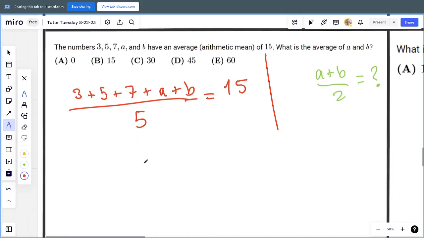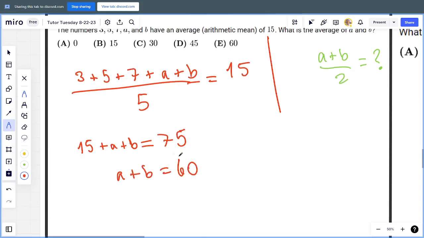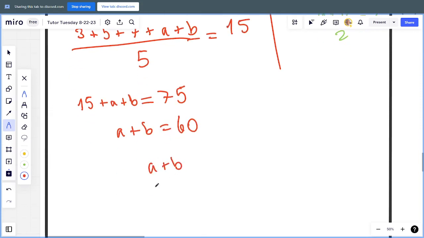What I could really easily do is just start evaluating this. So 3 plus 5 plus 7 becomes 15 plus A plus B. And then 15 times 5 gets us 75 on the right hand side. We just multiply everything by 5. Then if we subtract 15, we get A plus B is equal to 60. Or take the average, A plus B over 2 gives us 30.